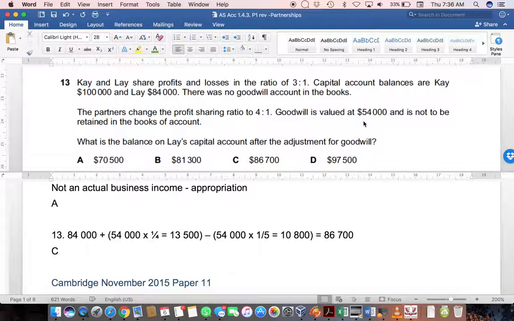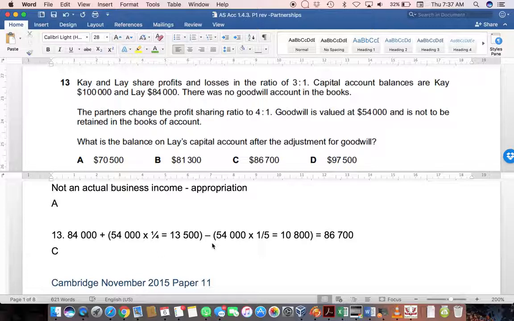So in the same way as we did previously, we will start with the previous capital account, and we are looking at Lay. So Kay and Lay. Lay used to have a quarter, and will end up with 1/5. And to start, Lay has 84,000. So that's why we'll start with 84,000. We'll then say plus the old goodwill, 54,000 times a quarter, which is the 3:1 ratio, means that he got a quarter of that.